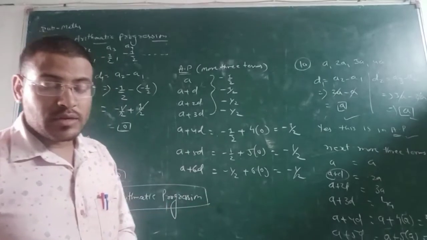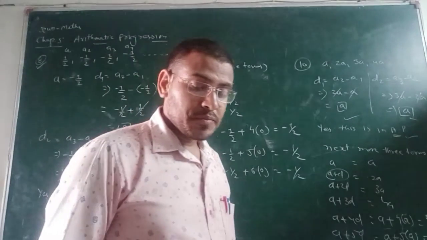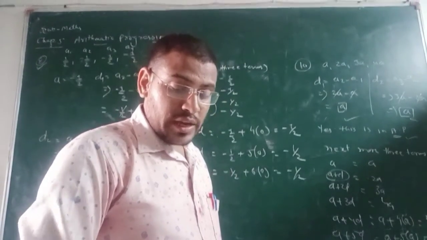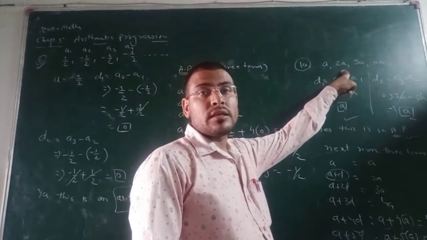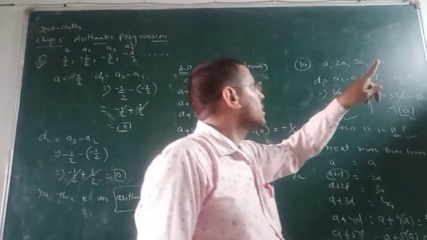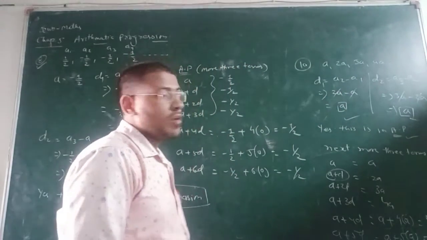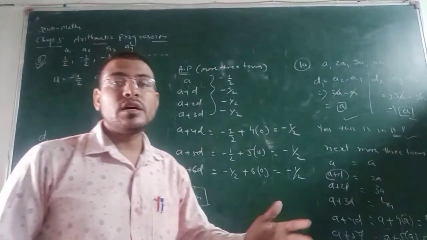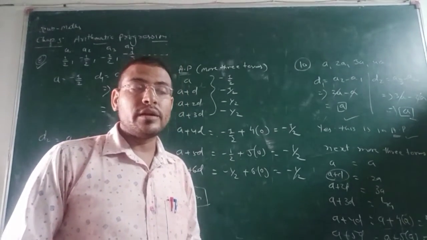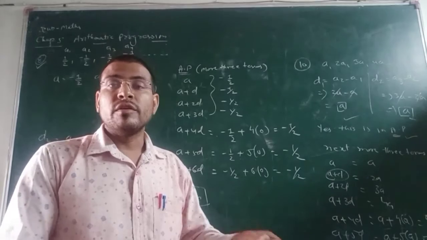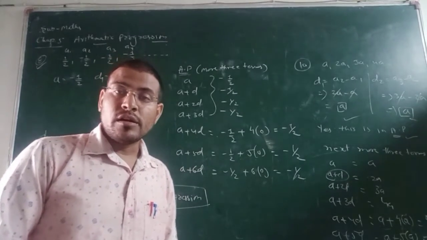Now we will take another question. The 9th question is very easy. See, the series is a, 2a, 3a, 4a. How do we judge whether this is in arithmetic progression or not? Just for judgment we will find d1 and d2.